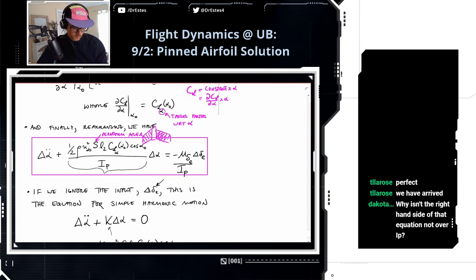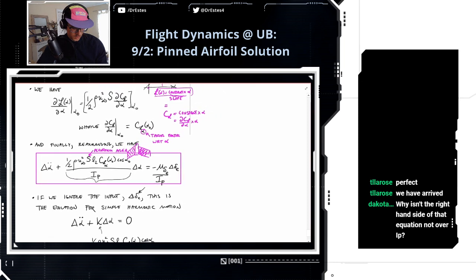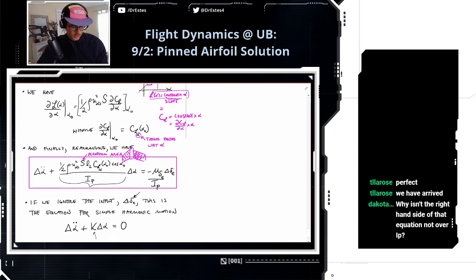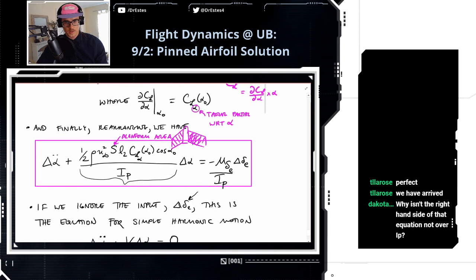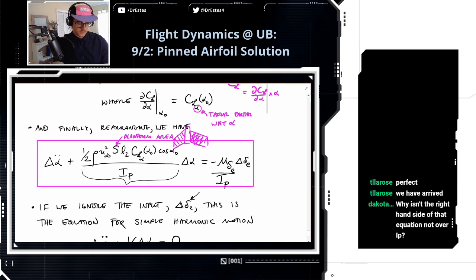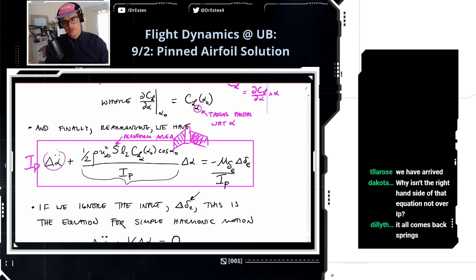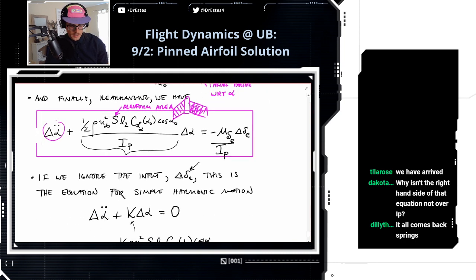Because, well, I don't want to keep scrolling up and down and giving you a seizure, but we had that moment coefficient multiplying our angular acceleration, and we divided it through everywhere. So I should have divided it over there. Dilly says it all comes back. Springs. Yeah, exactly.